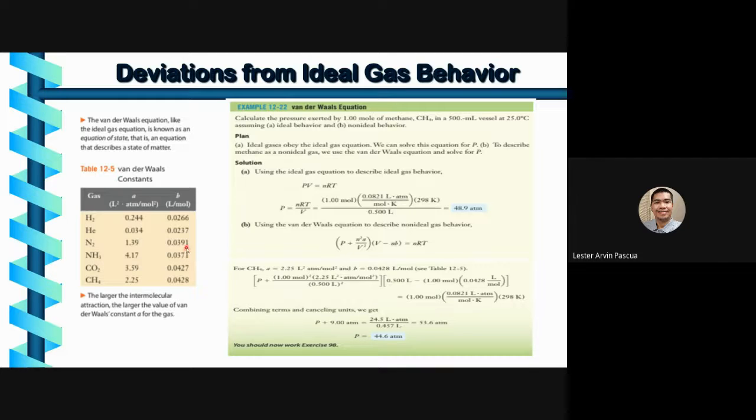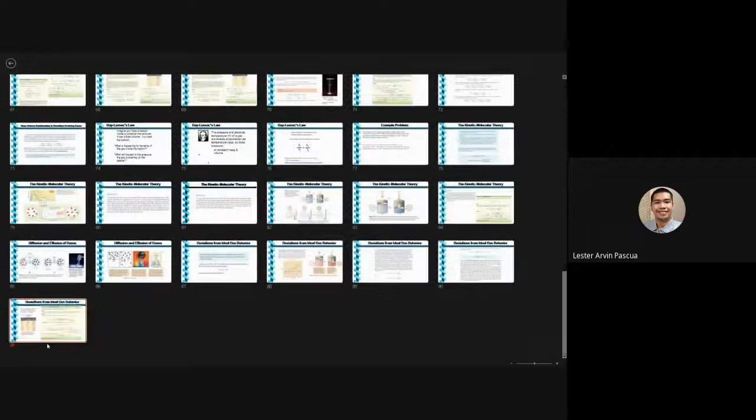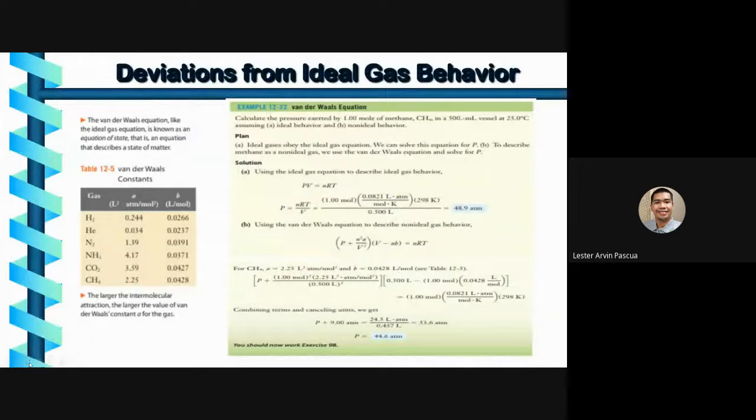Again, what you just have to watch out for is yung iyong units. Okay? Just make sure that your units are consistent such that at the end of your dimensional analysis, magka-cancel out lahat. So, makikita nyo rito, pag pinlog in mo na lahat kasama na yung A at B, magka-cancel na yung mga liters per mole.